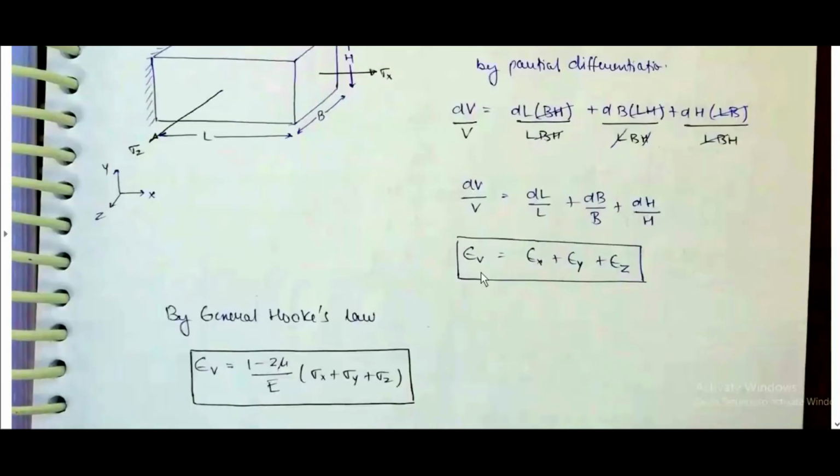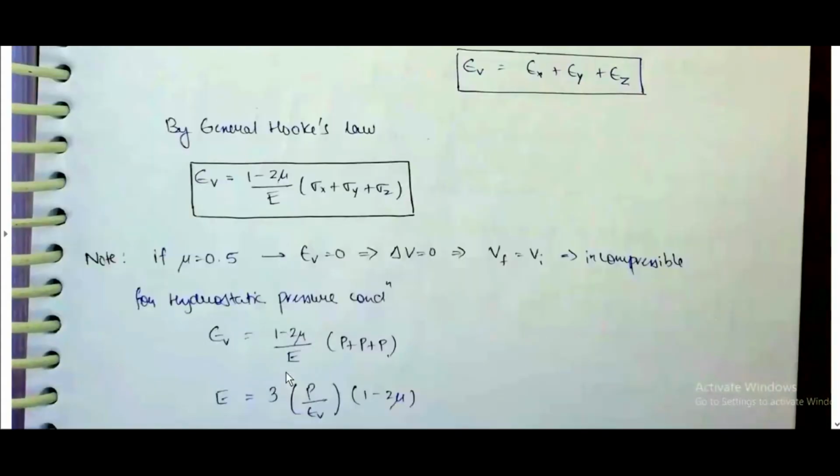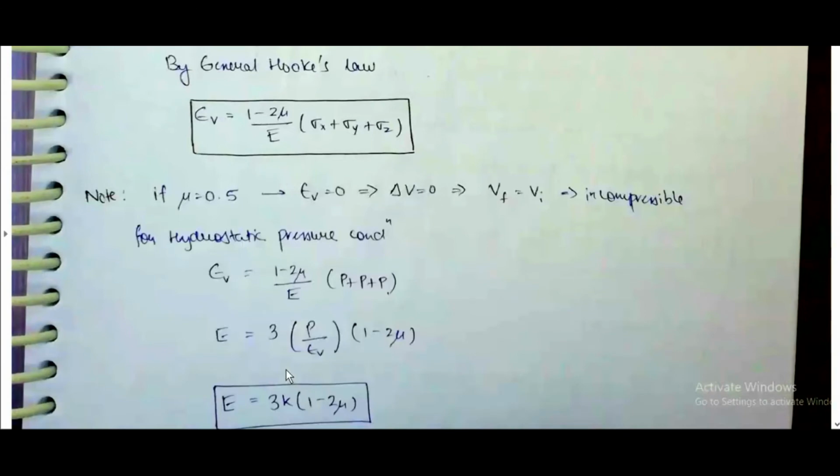Then from that we can get epsilon V is equal to epsilon x plus epsilon y plus epsilon z. By general Hooke's law, epsilon V is equal to (1 minus 2 mu) by E into (sigma x plus sigma y plus sigma z). If mu is equal to 0.5, epsilon V is equal to 0, delta V is equal to 0, Vf is equal to Vi, incompressible.